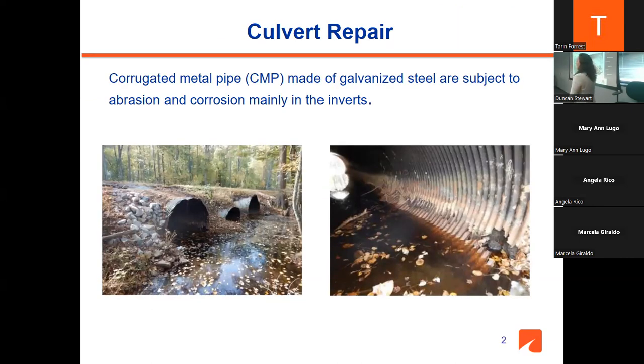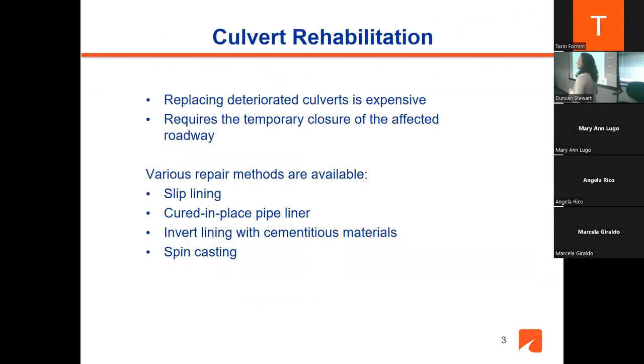There are so many culverts in Virginia that are subjected to corrosion and abrasion, mainly in the inverts of the culvert. And we know that replacing the concrete culverts is expensive and also requires temporary closure of the affected roadways.